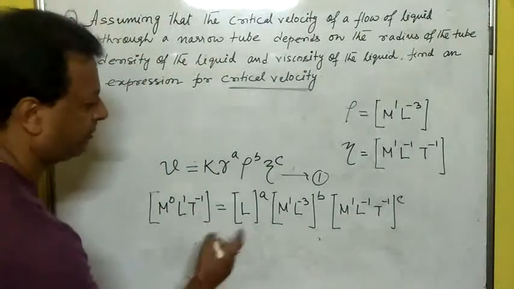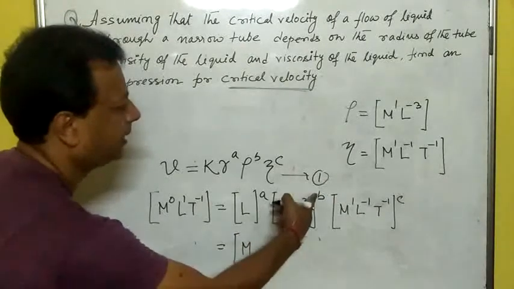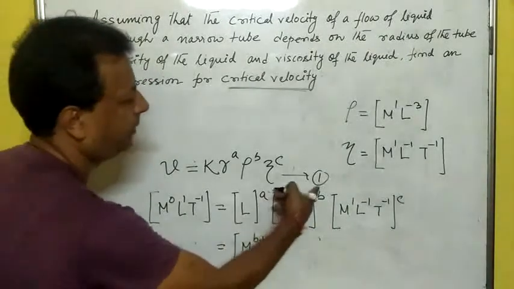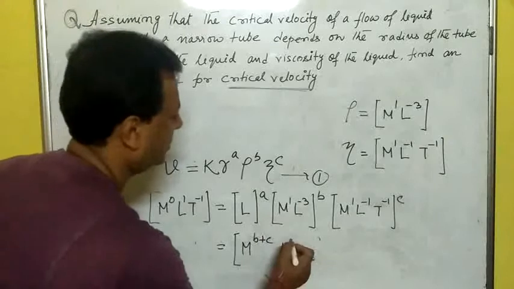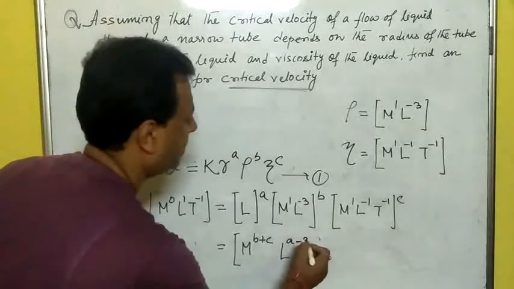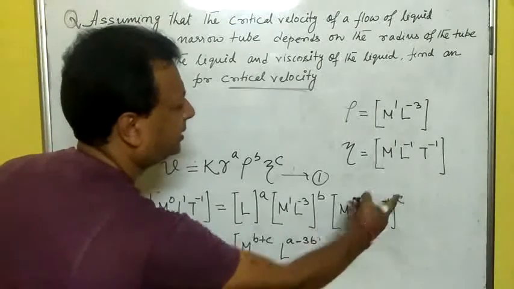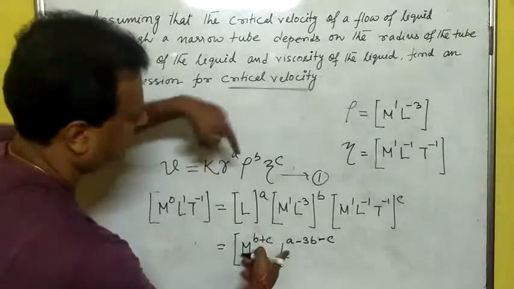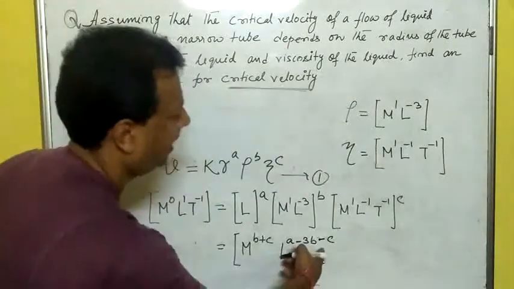Now, let us find out the values of a, b, and c. For M, we have M to the power of b and M to the power of c, so M to the power of b plus c. For L, we have L to the power of a, then L to the power of minus 3b, and lastly L to the power of minus c.